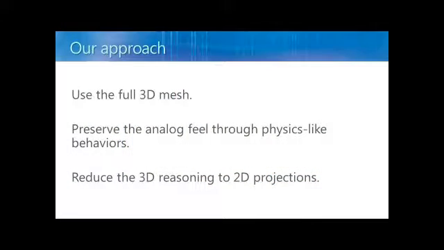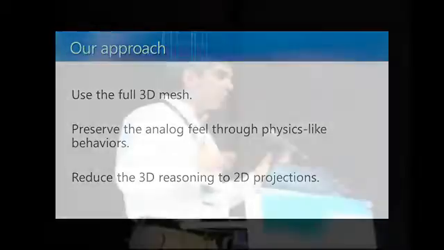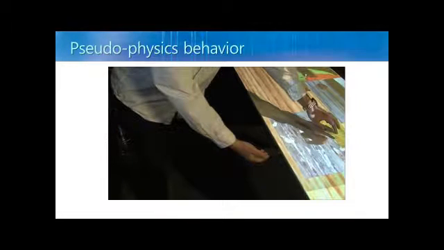So what we do is we use the full 3D mesh gathered by all of these different cameras, and we try to preserve some of the analog feel through physics-like interactions. So we're actually simulating interactions directly on that mesh. And whenever possible, we reduce some of our reasoning about the space to 2 dimensions rather than 3. And I'll show how that's possible. Here's an example of what I mean by interacting directly with a mesh.